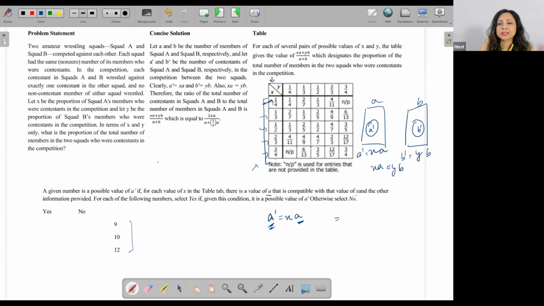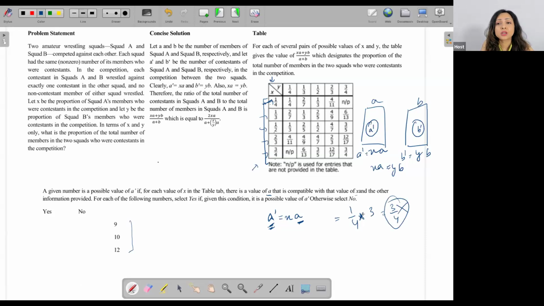So let's say when X is equal to 1 by 4, right? What is a possible value of A? Think about that. Can A be, for example, 3? A is the total number of people in the team, but A dash is the number of contestants in the team. So in case I say that A is 3, number of contestants is 3 by 4, but that is a fraction.